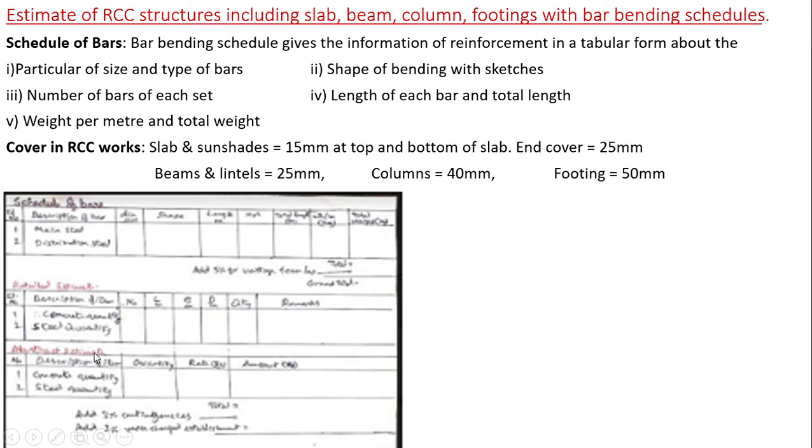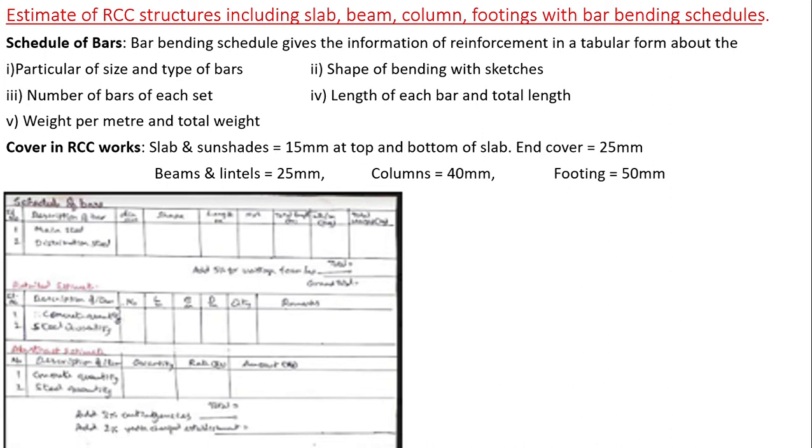The various columns in schedule of bars are serial number, description of bar, diameter, shape, length, numbers, total length, weight per meter, and total weight. So this schedule of bars gives you the total quantity of reinforcing steel used in the member in kilograms.